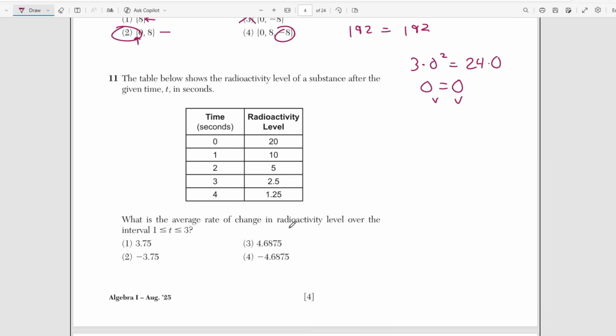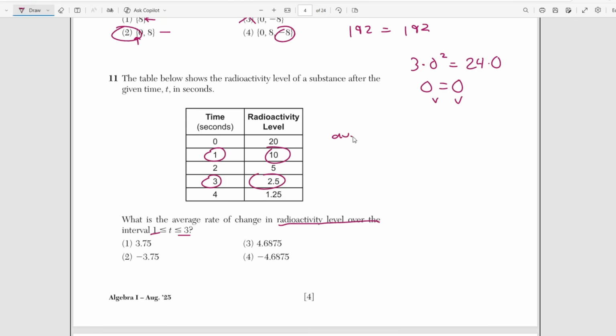Moving on to number 11, it says the table below shows the radioactivity level of a substance after the time given t. What is the average rate of change in the radioactivity level over the interval 1 is less than or equal to t, which is less than or equal to 3? Essentially, it's asking you to find the average rate of change between the radioactivity level at 1 second and the radioactivity level at 3 seconds.